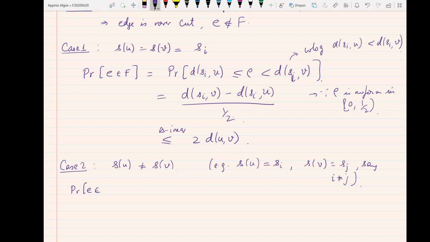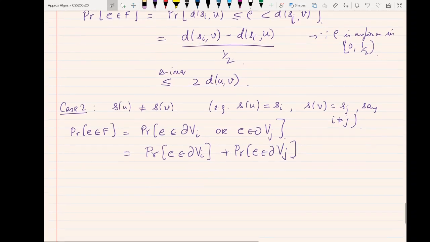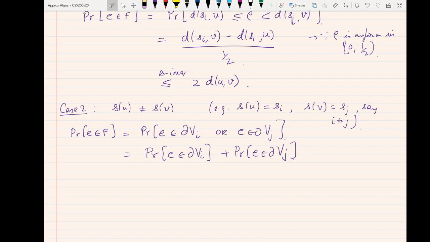Now, the probability that E is in my final edge set is basically equal to the probability that E is either crossing Vi or E is crossing Vj. I can use a union bound here. If you remember, Vi is the ball around Si, which may capture U, and Vj is the ball around Sj, which may capture V.